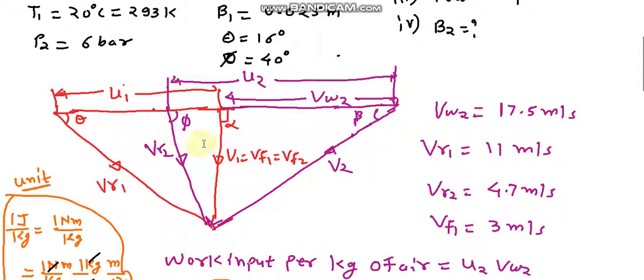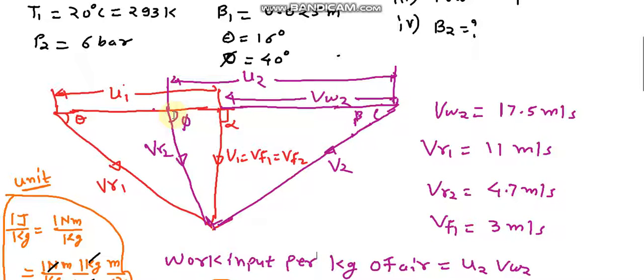Now you can also draw the outlet velocity triangle. For that, phi is given as 40 degree. From this point draw a 40 degree line. This line intersects at this point, and we get VR2.